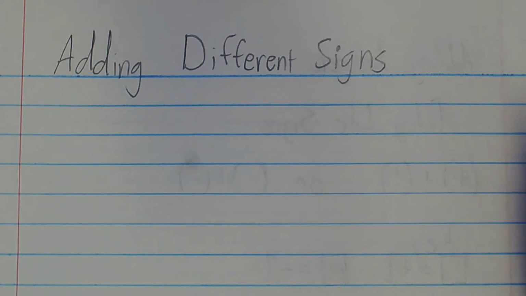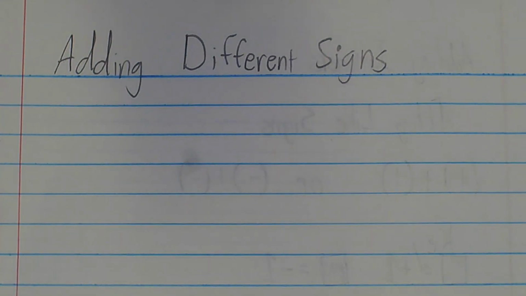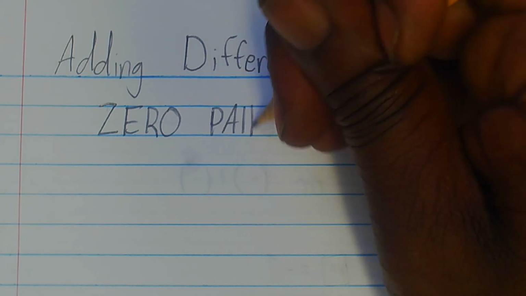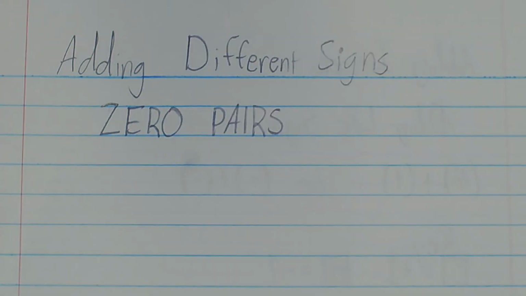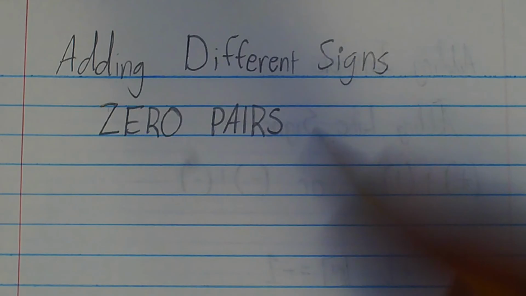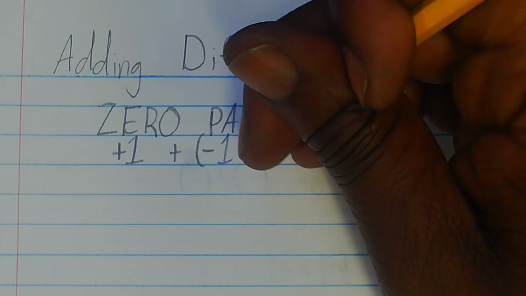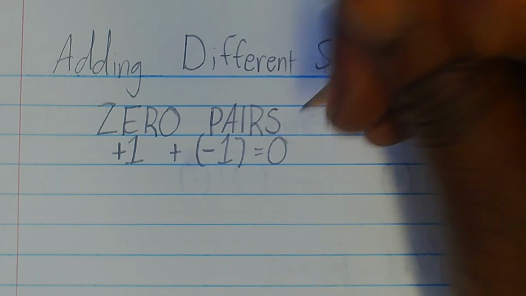All right. So there's something when using the counters that we introduced. It's called zero pairs. A zero pair is basically when one positive plus one negative equals 0.